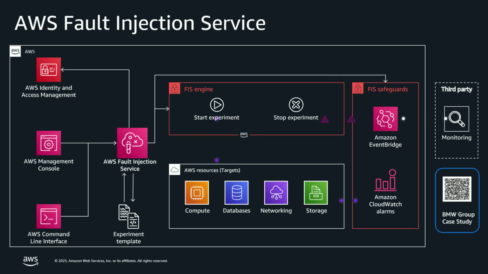Another great thing about FIS is that it enables your third-party observability tools outside of AWS to send events via Amazon EventBridge, where you can start the experiment. It creates an open platform for you to have a single pane of glass for the FIS experiments against your AWS resources.